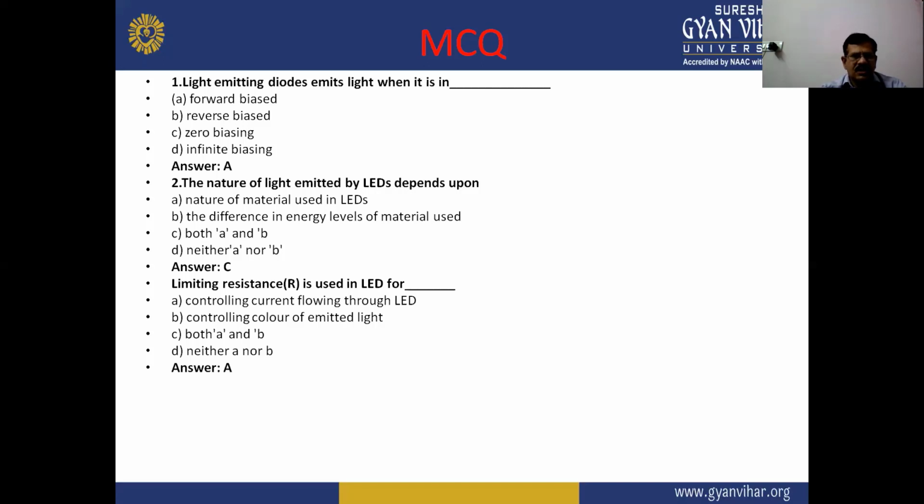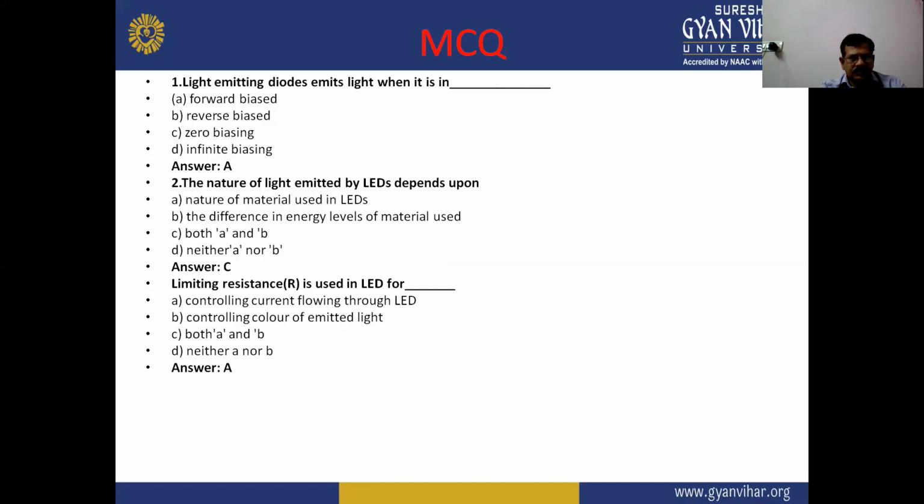Here the correct answer is option A, forward biasing, because the LED emits light when it is forward biased, or we can say that the light emitting diode conducts in the forward biasing mode.